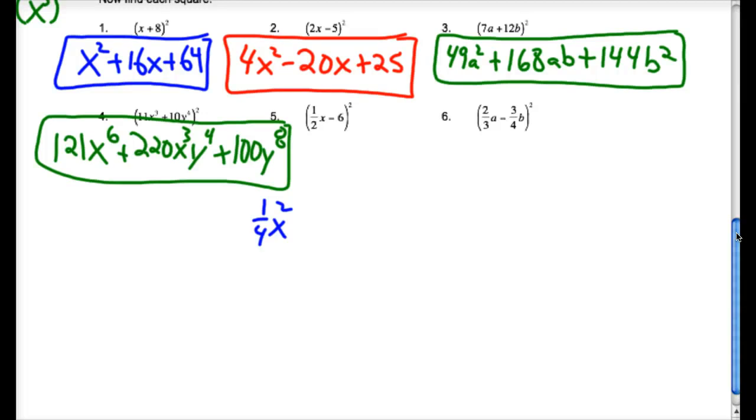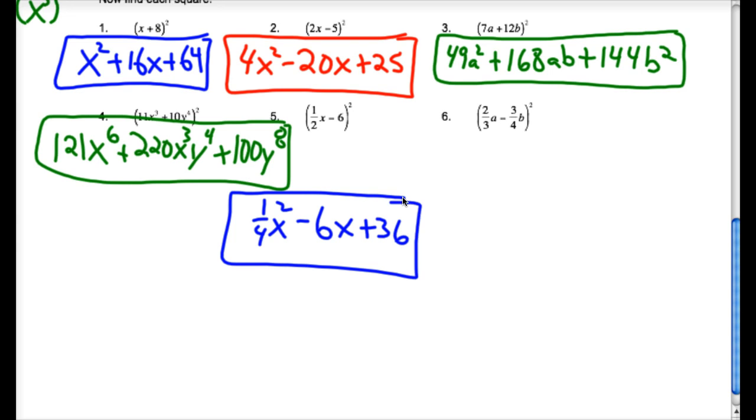You're right. Minus 6x. Square the last piece. It's always plus at the end because you're squaring, you're multiplying by itself. I got that one to be 1/4 x squared minus 6x plus 36.